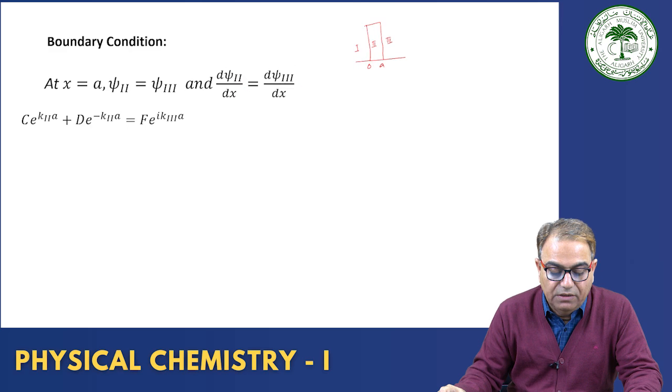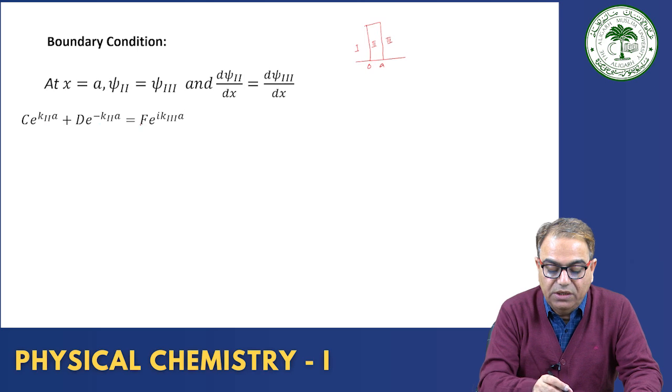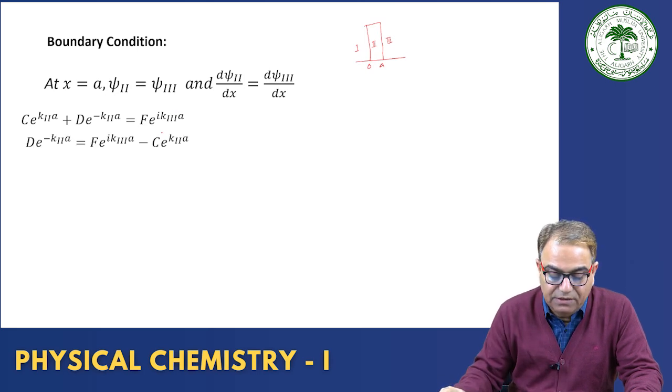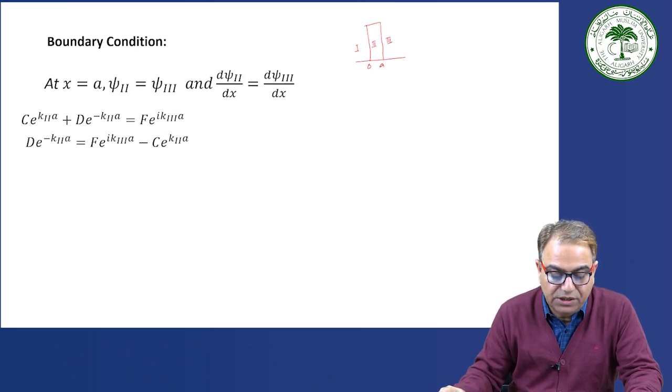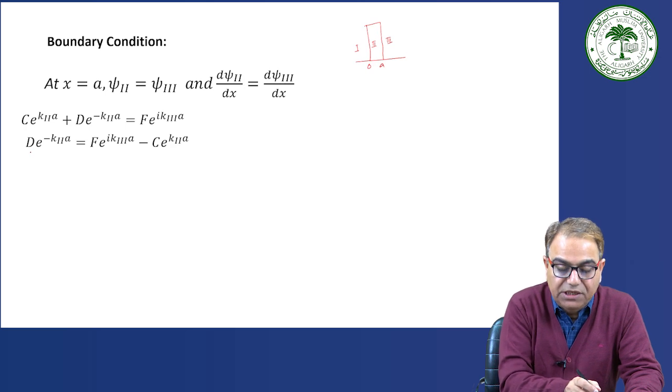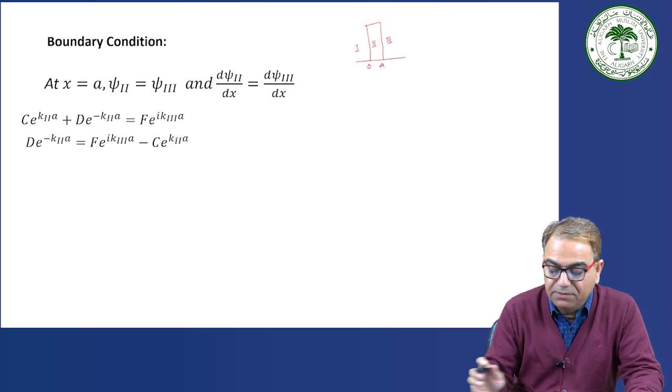Okay. Now what you can write for psi 2: C exponential k2a plus D exponential minus k2a is equal to F exponential i k3a, where I am not writing G because I said G will be equal to 0. Okay. So F we can write, and if you rearrange this equation, keep the D term on the left hand side and bring the C term on the right hand side.